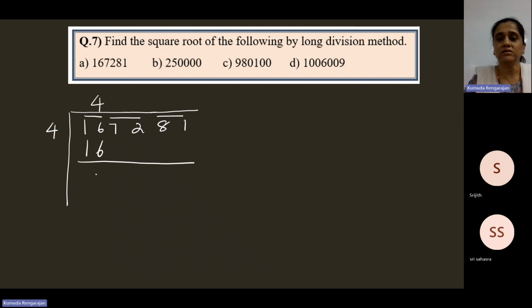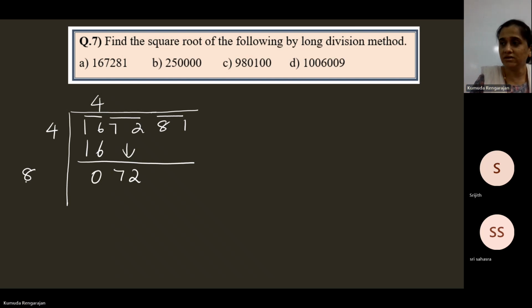What's the remainder? 0. What comes down? 72 comes down. Next, double the quotient. No, it's not 16. Double the quotient meaning 4 into 2, 8. You must write it against this number.